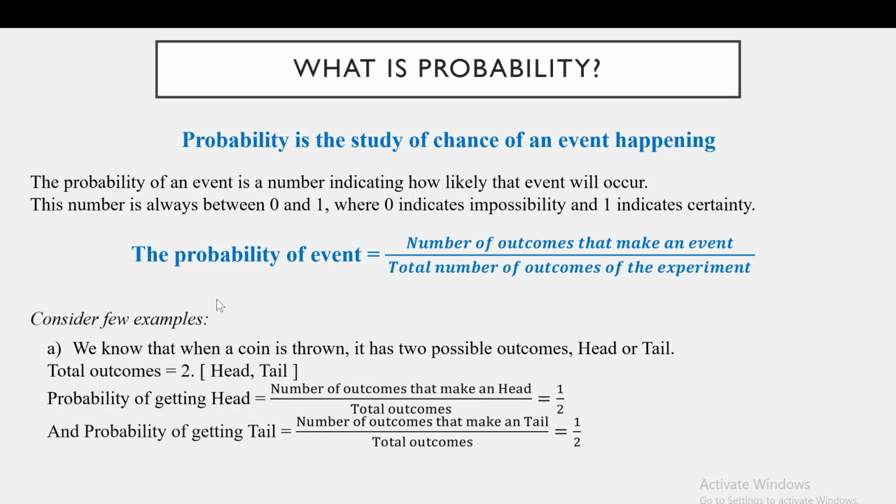And probability of getting tail equals 1 by 2. In this case, probability of getting head equals probability of getting tail, equal to 1 by 2.